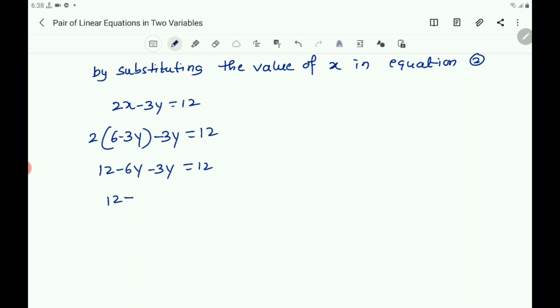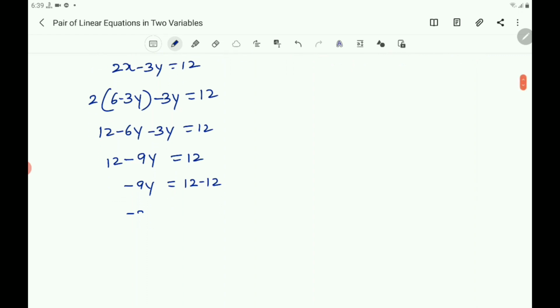The sum of minus 6 and minus 3 is minus 9. 12 minus 9y equals 12. Then you can have minus 9y equals 12 minus 12. So you got that minus 9y equals 0. So y equals 0 by minus 9, you got 0.